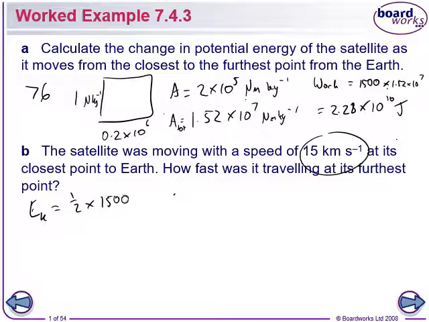So our mass is 1500. Our velocity is 15 kilometers per second, right? 15,000 meters per second squared. So it's not kilometers per hour, so we don't need to do that 3.6 thing. It's kilometers per second, so it's 15,000 meters per second.